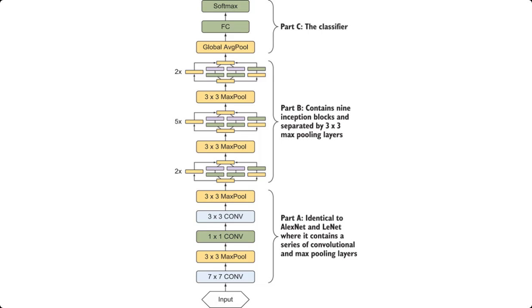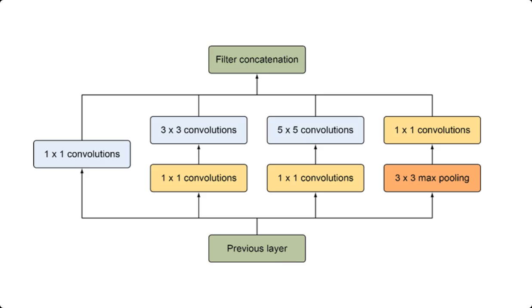Part B contains 9 inception modules stacked like 2 inception modules plus a pooling layer, plus 5 inception modules plus a pooling layer, plus 2 inception modules. And then finally part C, which is the classifier part of the network, consists of the fully connected and softmax layers. Now let's implement the GoogLeNet architecture in Keras.